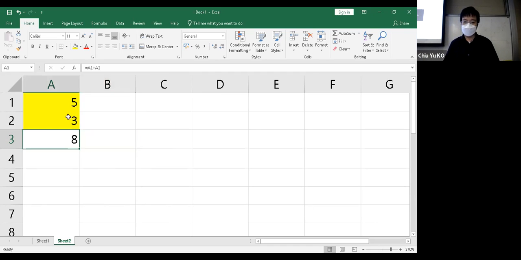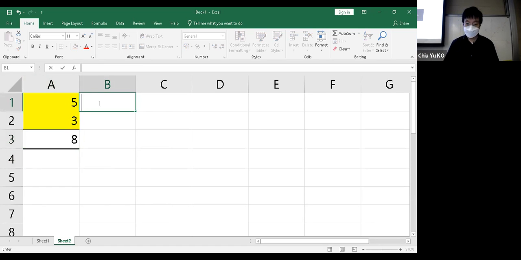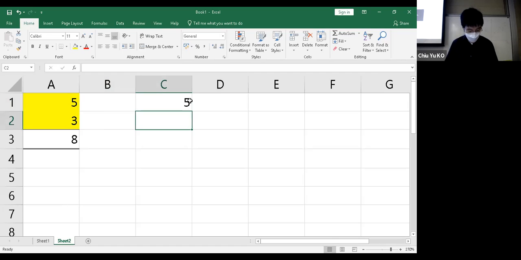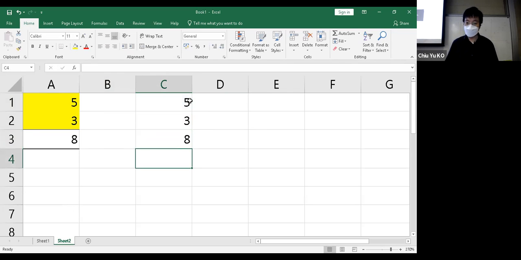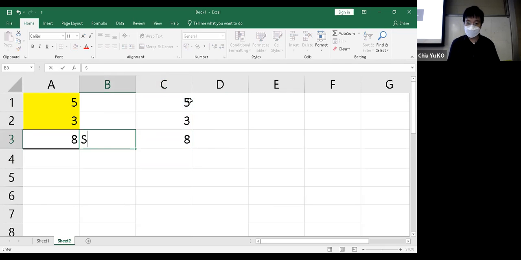I can say this is 3, I have this plus this one, and this is the sum.